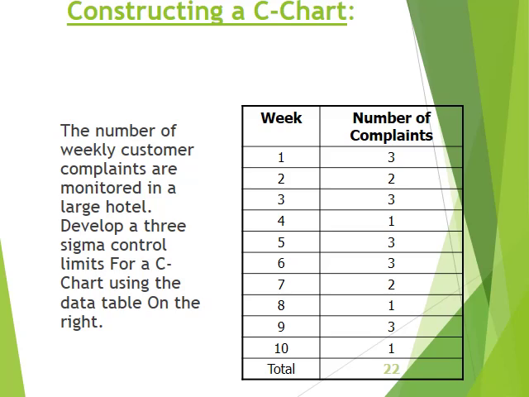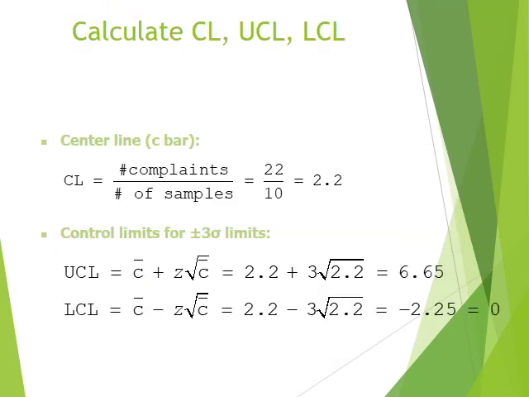Okay, the next step is we should construct a C chart. As you can see, this is an example of days against number of complaints. This is the formula to calculate CL, UCL, and LCL. As you can see, CL is complaints over samples: 22 over 10 equals 2.2.